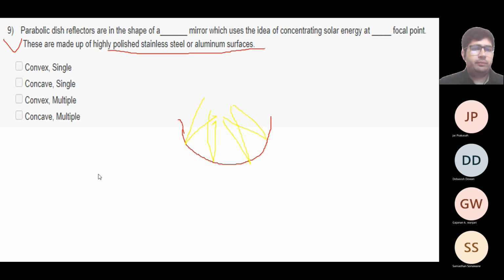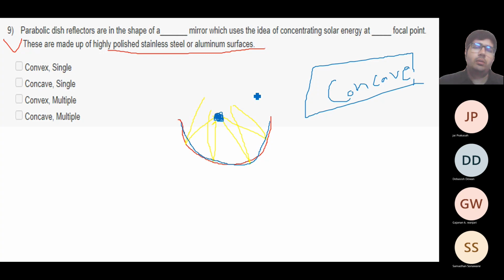So basically, at the focal point you are having your receiver, and this surface, or mirror, is reflecting the incident solar radiation to this particular point only. So the shape of this mirror, if you are using a mirror, should be a concave mirror, so it will focus the light on a particular focal point.